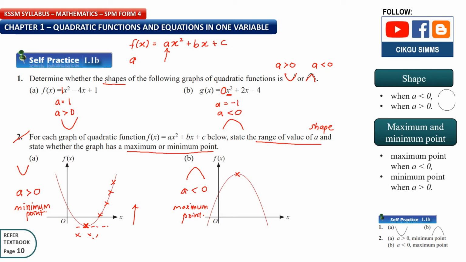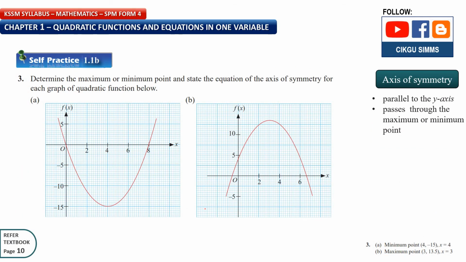Okay, so let's see question 3. We need to find the maximum or minimum point first, and state the equation of the axis of symmetry for each graph of quadratic function below.